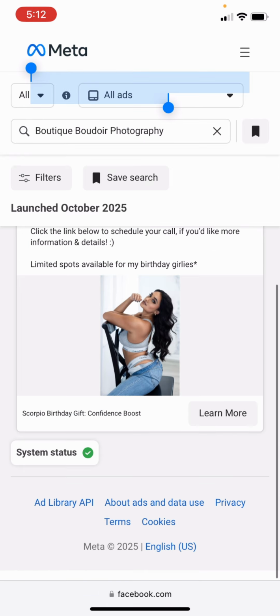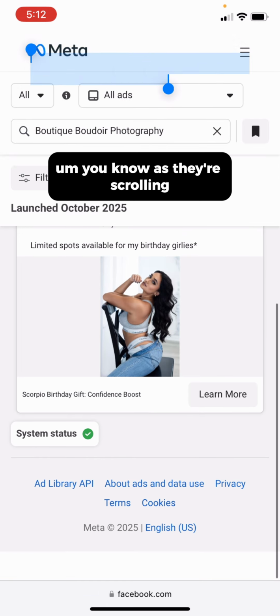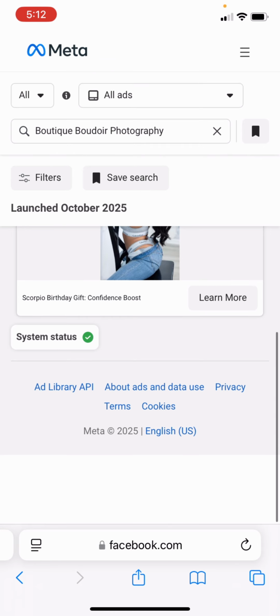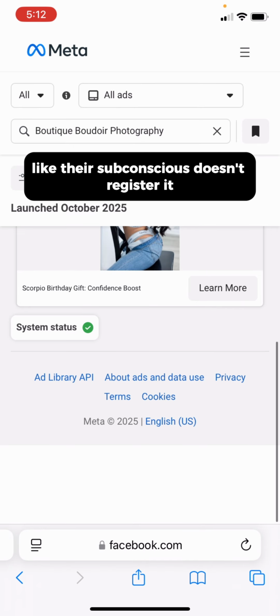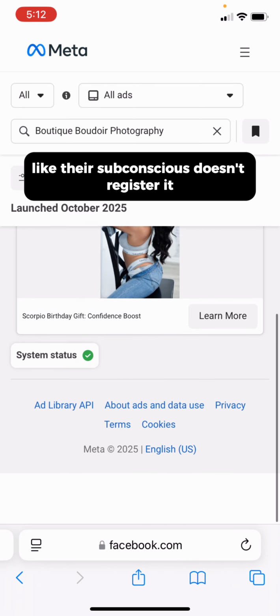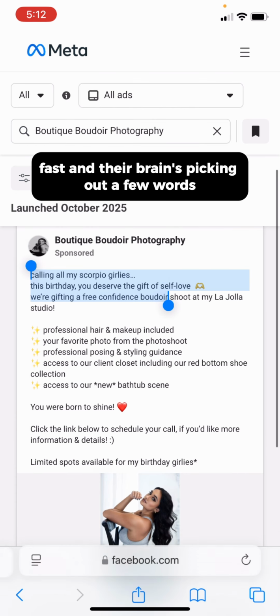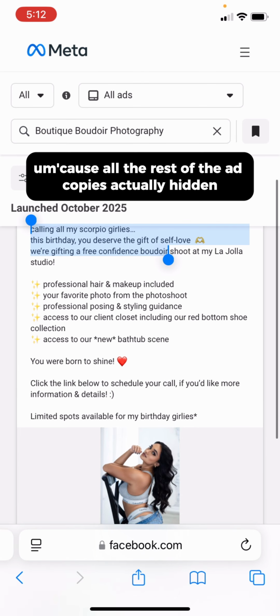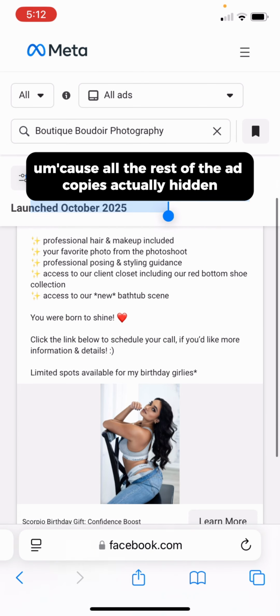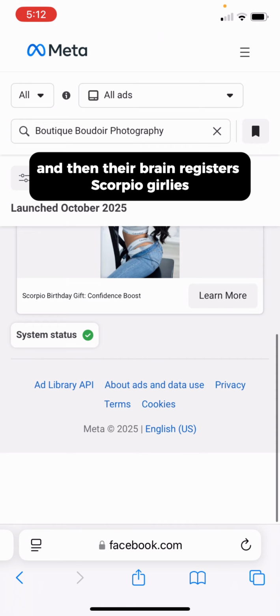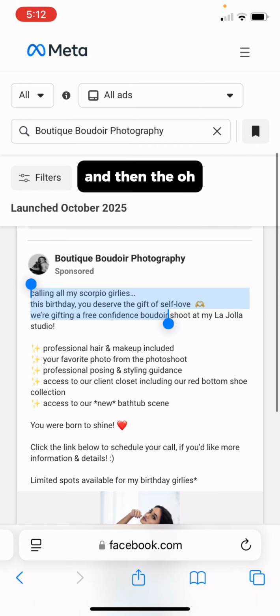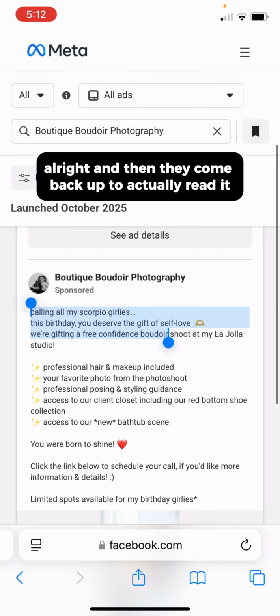And honestly, as they're scrolling down the feed, people don't register this highlighted part up here until they get here. Their subconscious doesn't register it because they're scrolling fast and their brain is picking out a few words, because all the rest of the ad copy is hidden in the feed. So they get here, their brain registers Scorpio girlies, and then they come back up to actually read it.